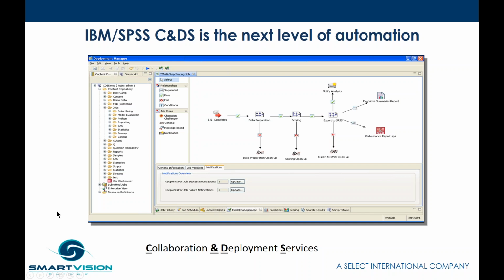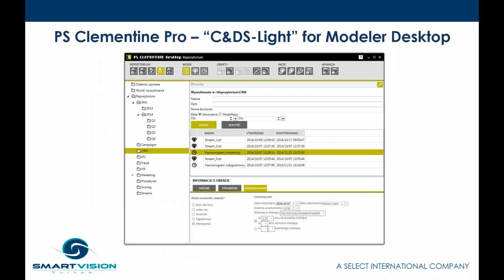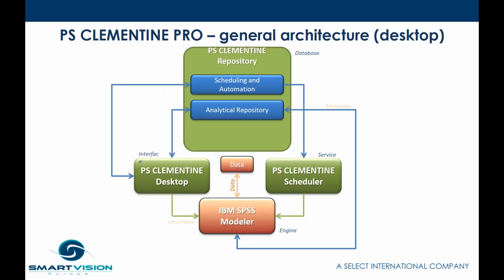There is a scaled down version of collaboration deployment services. You might think of it as a C&DS-Light, called Predictive Solutions Clementine Pro, which has its own scheduler. It allows you to do something similar, where you can create jobs from either SPSS syntax or from Modeler streams, store them in a repository, and schedule them and run them.